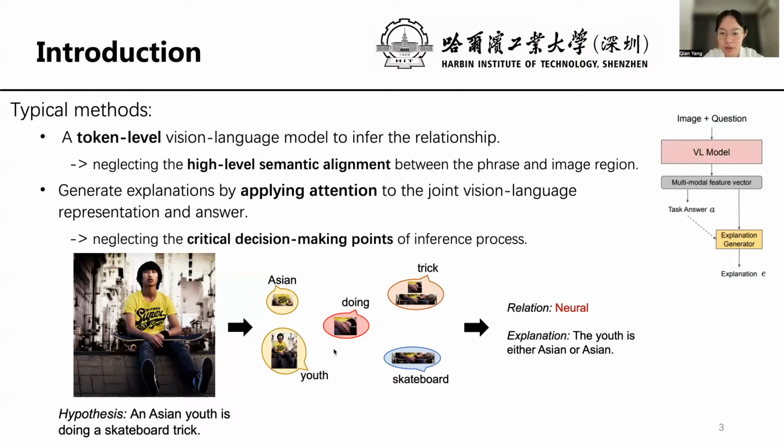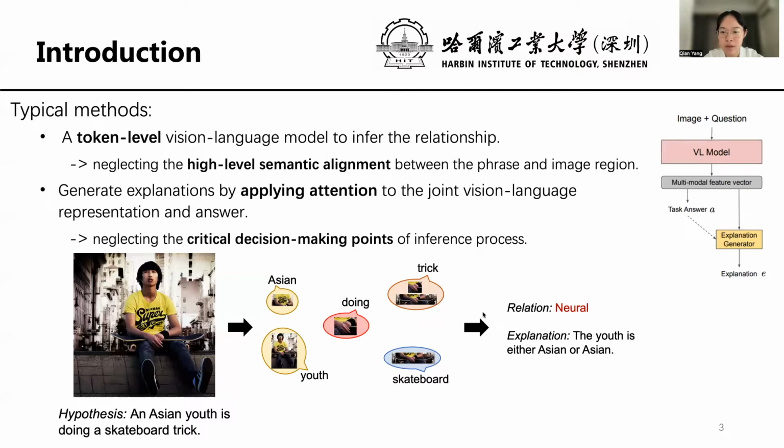For example, as shown below, although they align the words such as use, doing, skateboard to different image regions, the discrete token-level alignments cannot capture that the chunk is doing a skateboard trick actually describes an action. The misinterpretation of the chunk leads to the incorrect alignment of doing and trick, and results in a wrong inference result.